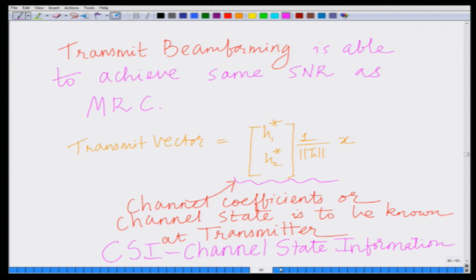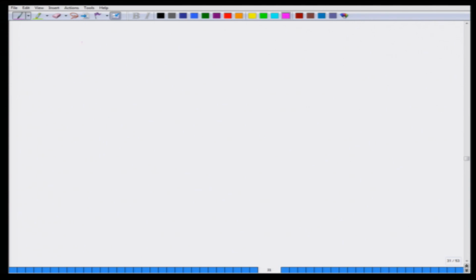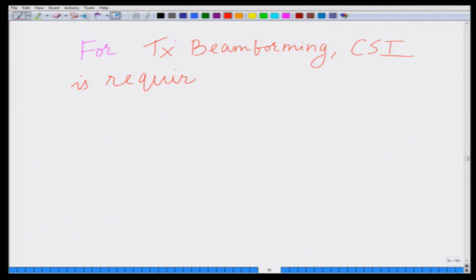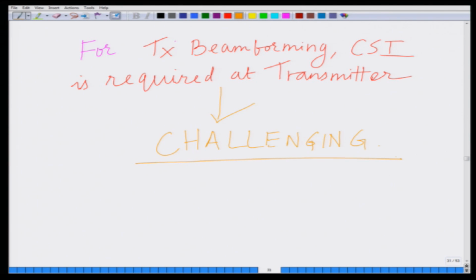That is what we are saying, for maximum ratio transmission, or for transmit beamforming, CSI, or channel state information, is required at the transmitter, and this is challenging.